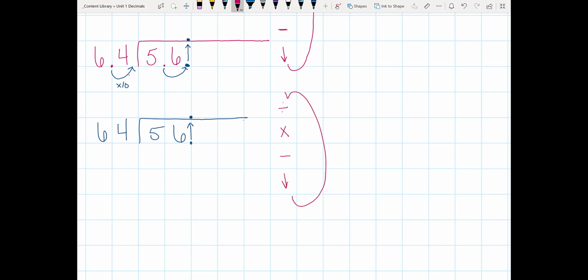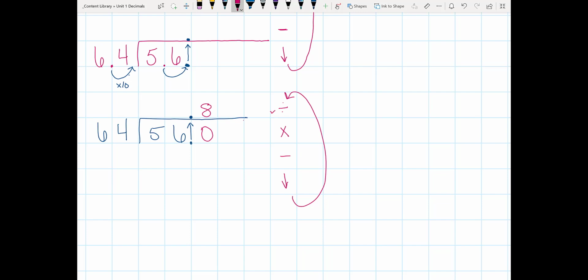So the first step is to see how many times 64 goes into 56. And if you're already thinking, well, it doesn't, you're correct. It's too big to fit inside 56. So we can add a 0 as a placeholder. 64 can go into 560 8 times.